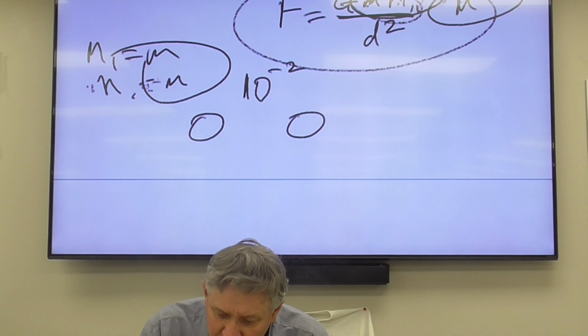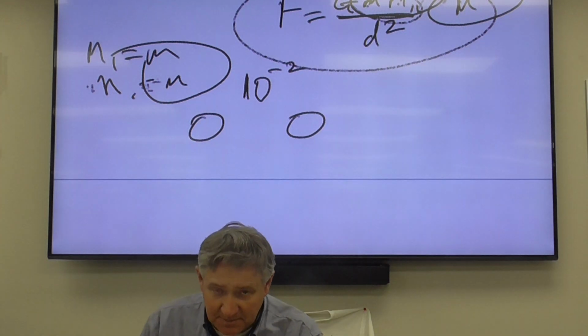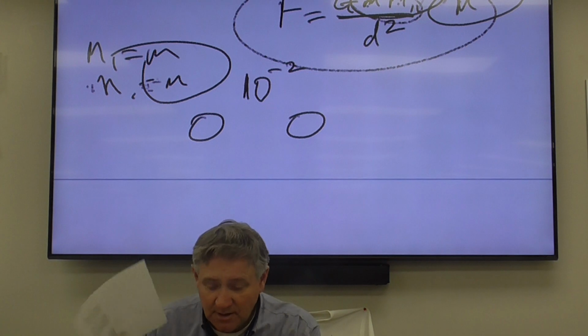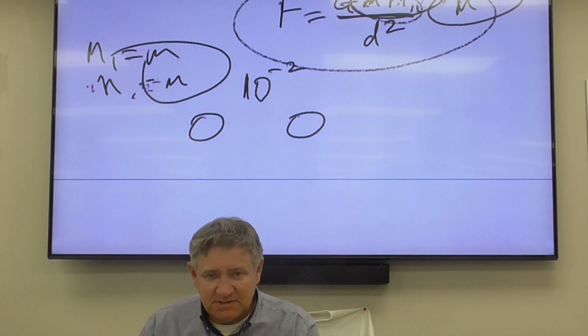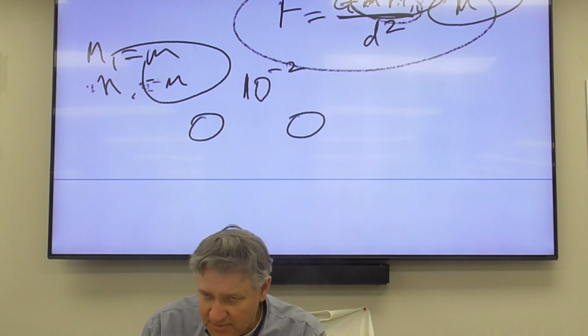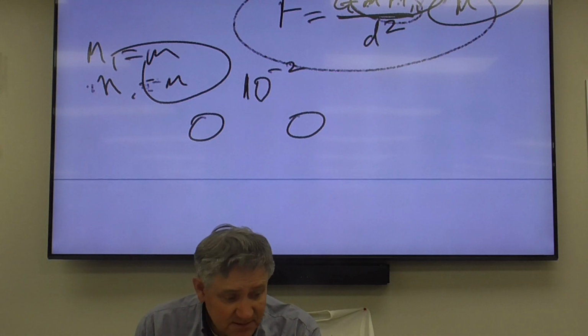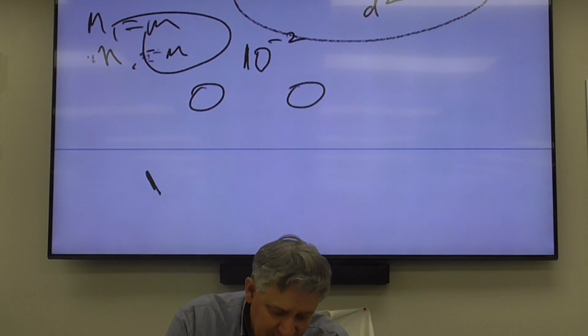Number 3 is identical to that last problem that I worked on this sheet. The only difference is instead of g being 1 meter per second squared, little g is going to be 3 meters per second squared. So your answer to number 3 should be something times 10 to the 7th.